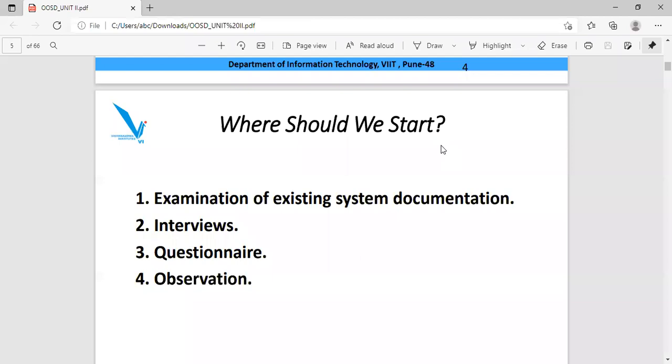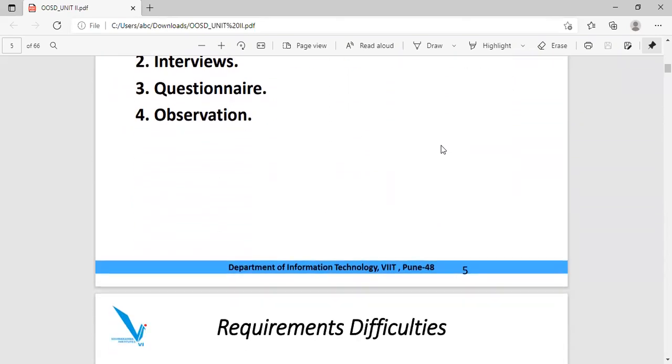From that, we can understand the software requirement through a process where we take interviews, assign questionnaires, and from observation identify the requirement and the task we have to perform from a designing point of view. That is our object-oriented design model.